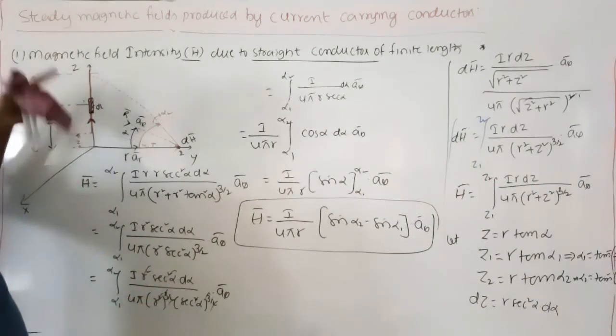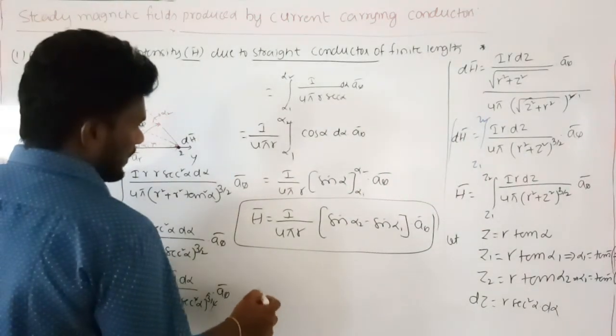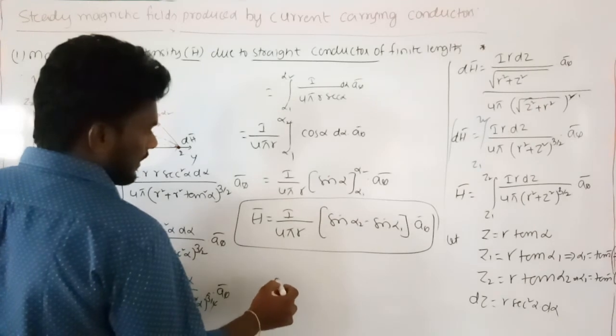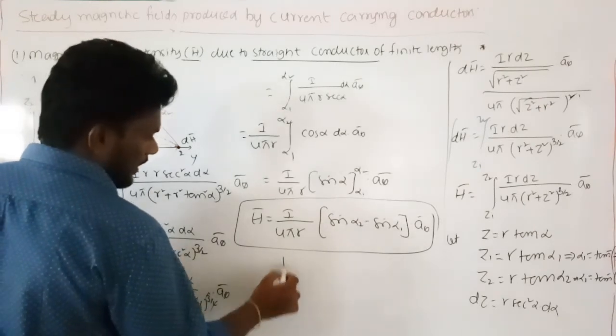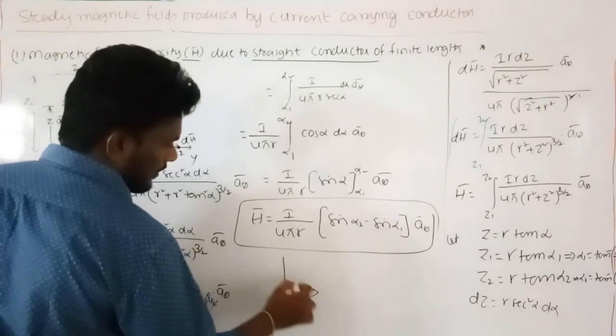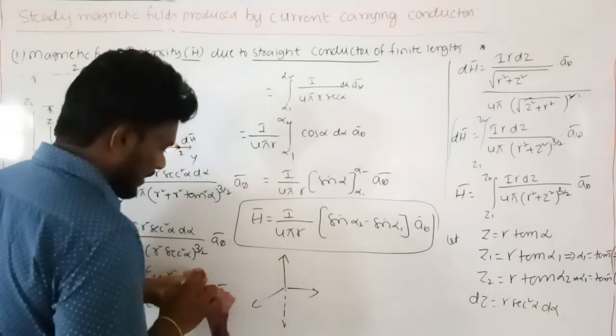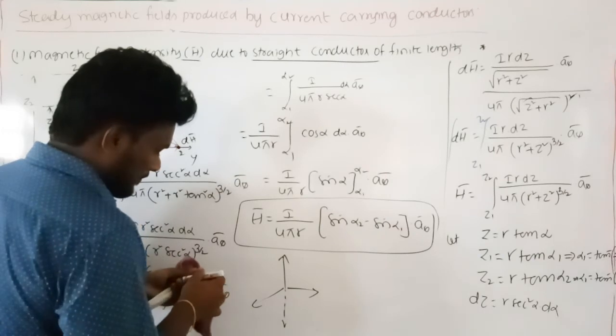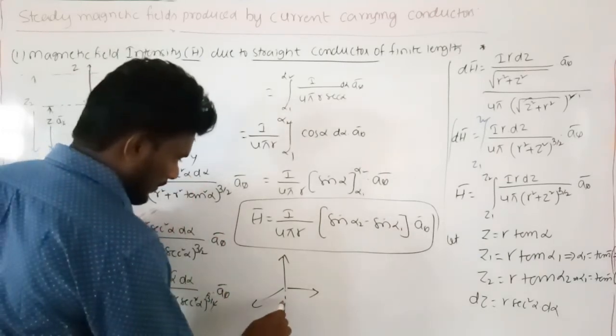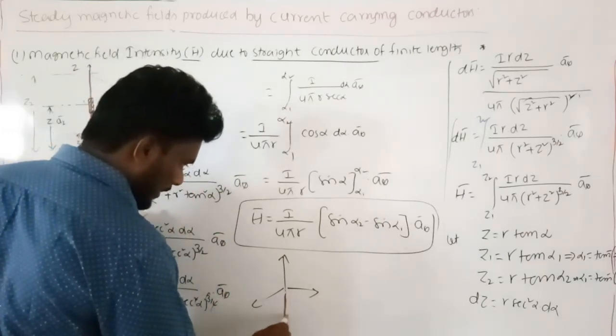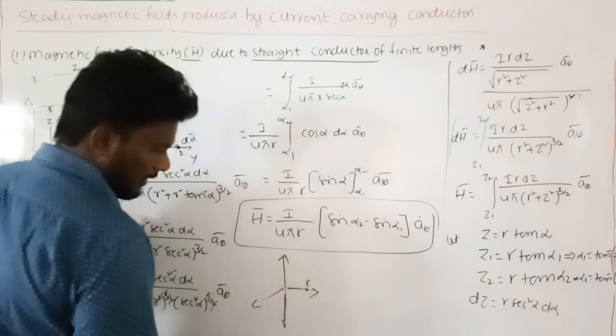Suppose the entire length of the conductor is on the negative z axis, like this, and you are required to calculate the field intensity at this point.